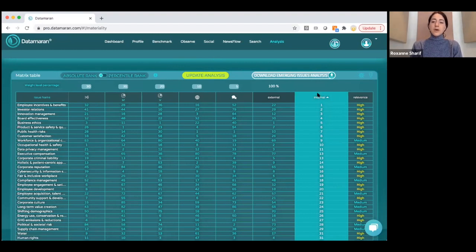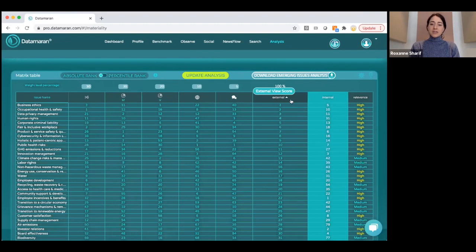So here we can see the two columns side by side. We can begin to address any gaps in this analysis. So back to looking at the external view, which is again representing this broader set of stakeholders, we can see some of the issues here ranked differently.